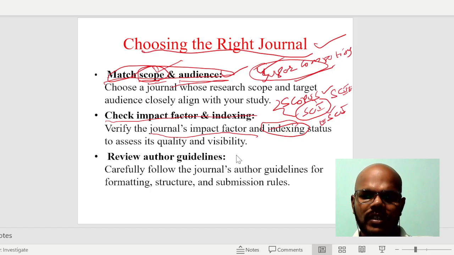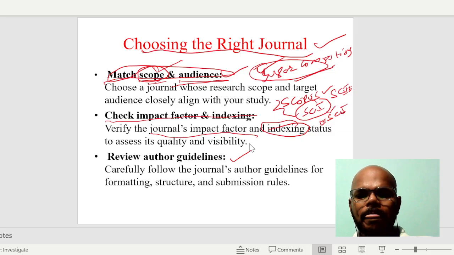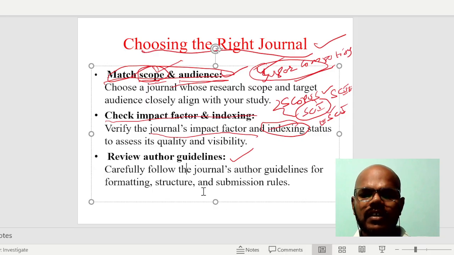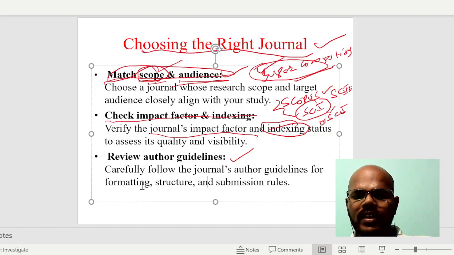Next, one more point: review the author guidelines. You have to thoroughly know the author guidelines given by the journal. If you go to any journal, there will be author guidelines. In the author guidelines, they will mention what the font style should be, what the style of the title should be, how the images will be described, how the tables will be described in a paper.